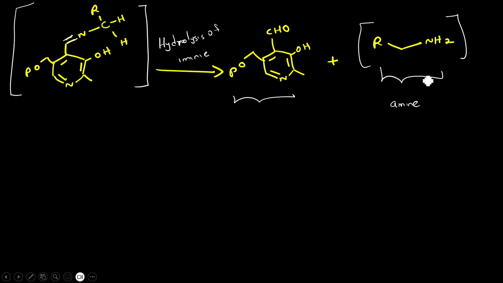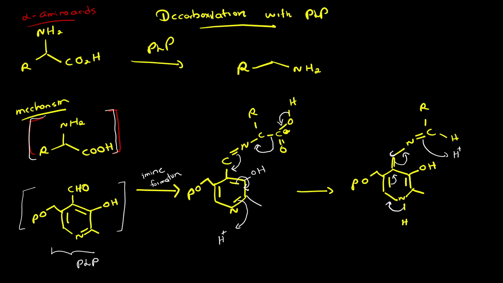So now you can see our initial molecule was this one. We had an NH2 group and we had a carboxyl group. With the reaction, the only difference between the product and our initial molecule is the removal of this carboxyl group. There's no carboxyl group here. This is basically the decarboxylation with PLP with respect to the alpha amino acids.